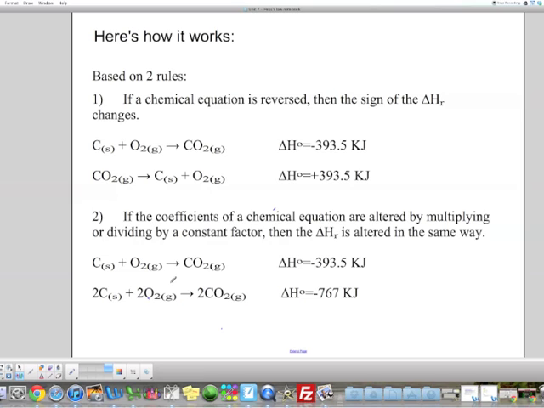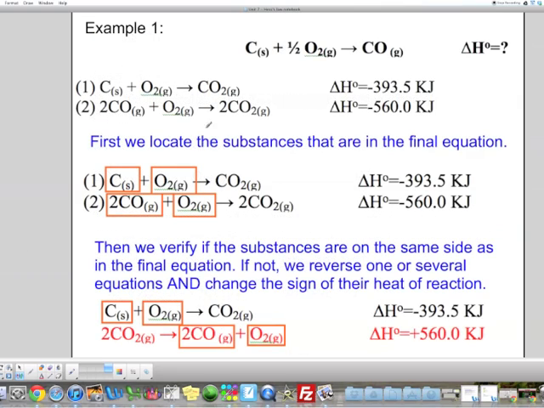So now, how does this get applied to an actual Hess's law situation? I have this equation here, and I want to know the delta H molar, the amount of energy involved in this reaction. This is not necessarily observable and happens too fast, but I know slower processes that, if added up together, will give me the exact same equation.